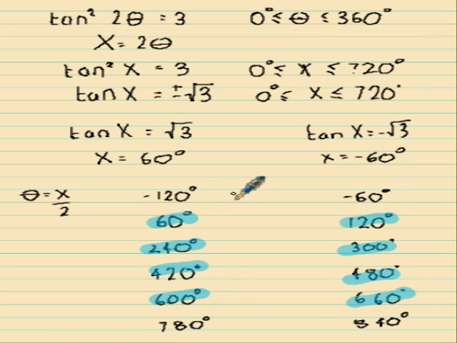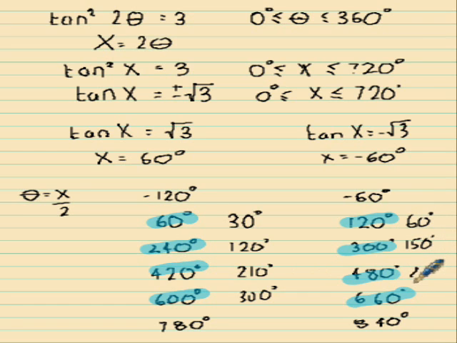So for theta, I'll simply halve them. And so there we got in total 8 solutions here. 30 degrees, 60 degrees, 120 degrees, 150 degrees, 210 degrees, 240 degrees, 300 degrees and 330 degrees.